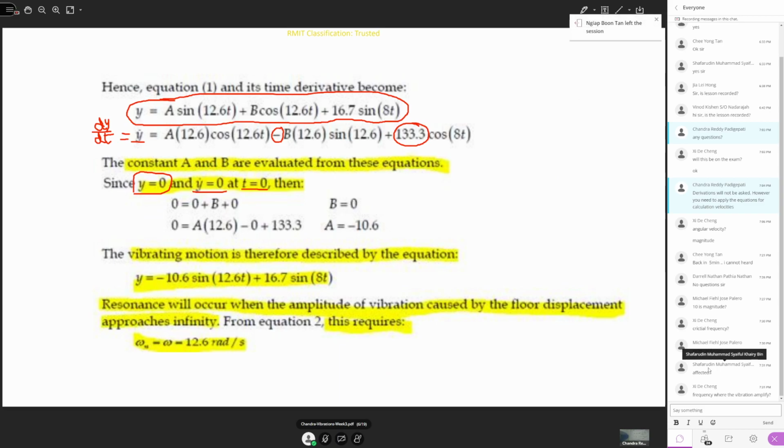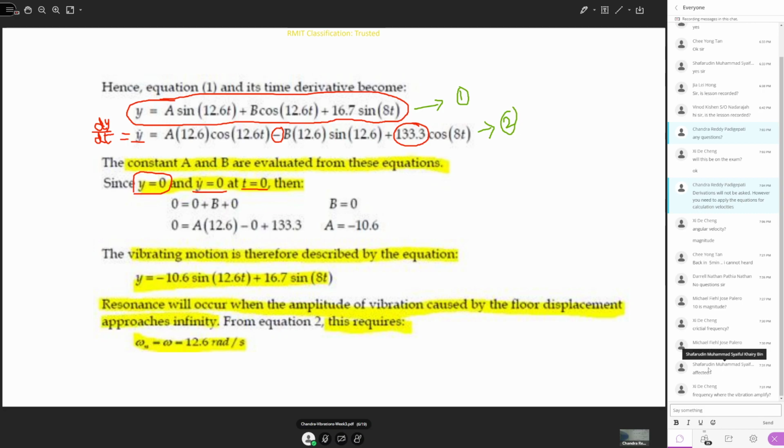So therefore we are applying the initial conditions here. We know that when the time is 0, the displacement is 0, and also the velocity is 0. Now we apply it in the first equation. We take this as equation 1, and this as equation 2. In equation 1, we replace time t equal to 0, y equal to 0.